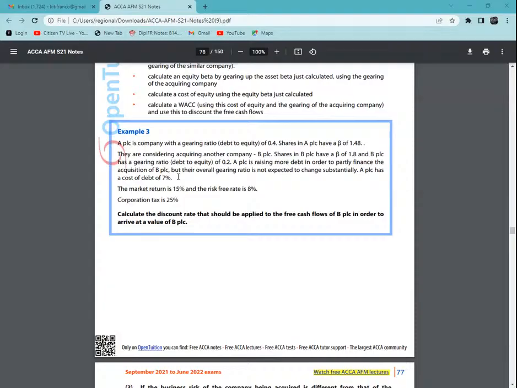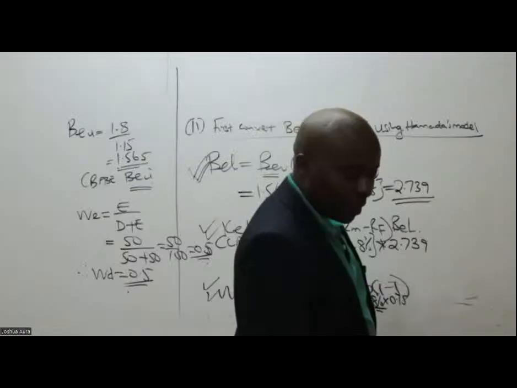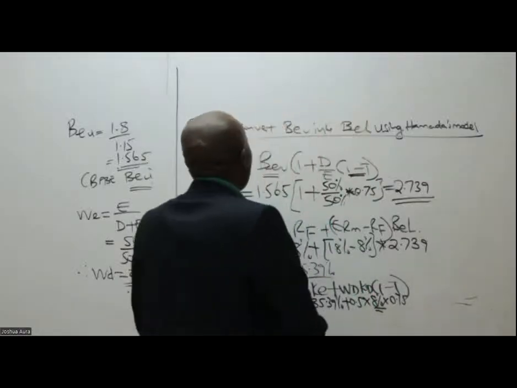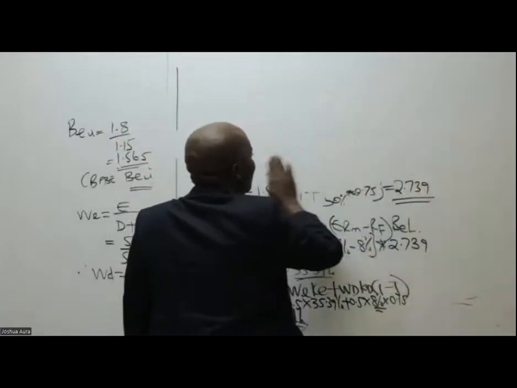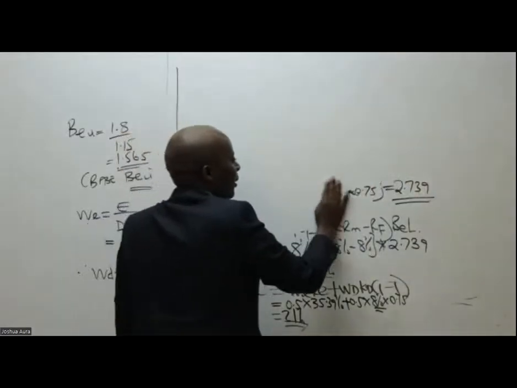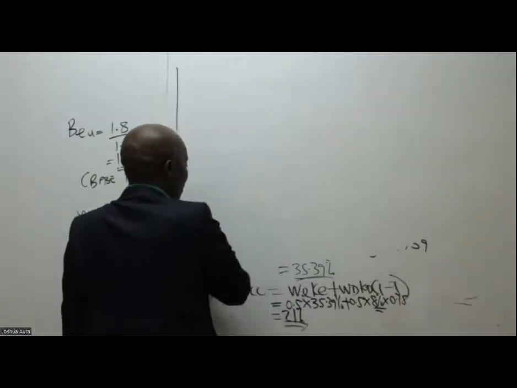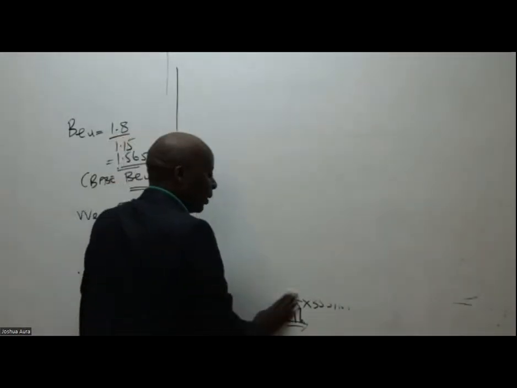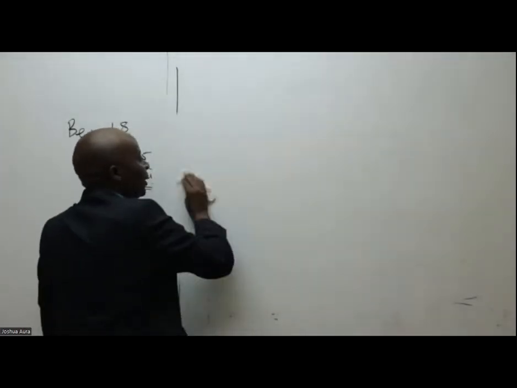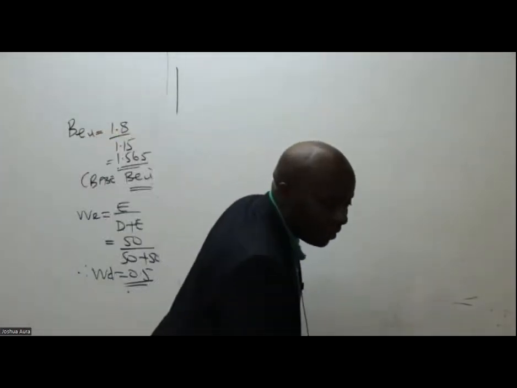Okay. If I'm the one doing this exam, when I hear a company is diversifying to some new industry, I always start from the concept of the relevant beta. So write in capital letters, RELEVANT BETA.